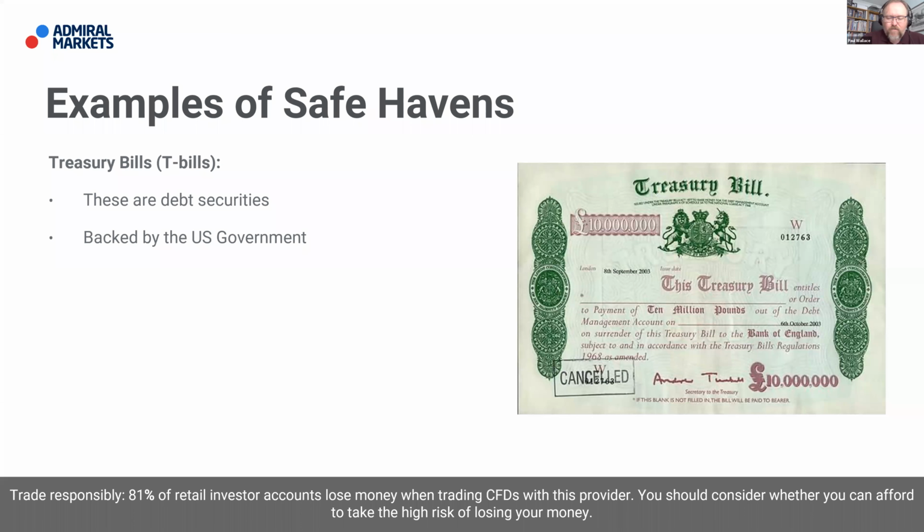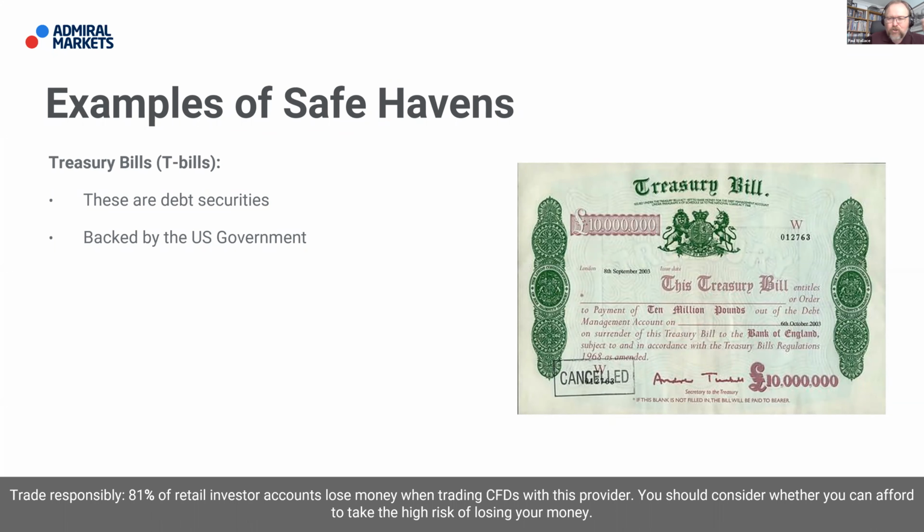They're backed by the US government, which is what gives T-bills their value. Because when people look for a safe haven, people always think of the American government. The US is the biggest, strongest, most powerful nation in the world at the moment. So invariably the US government is a safe haven of sorts, although that could be up for a huge amount of debate.